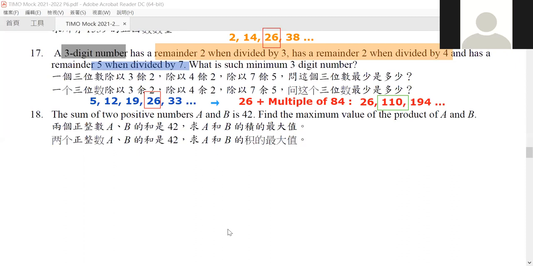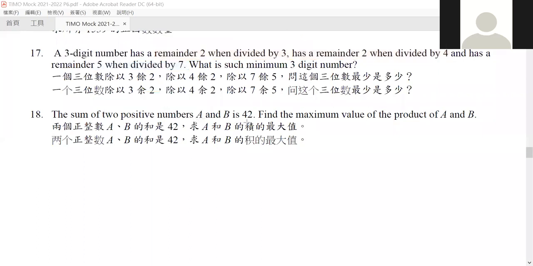Question 18. Okay, so now let's go to question 18. The sum of two positive numbers A and B is 42. Find the maximum value of the product of them. Here, it requires a very, very important truth about sum and product.